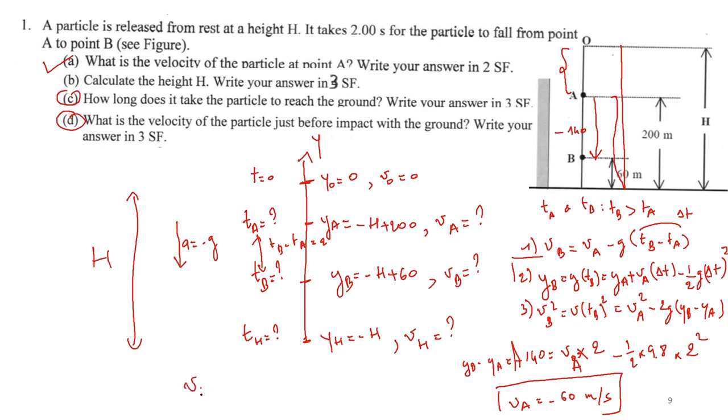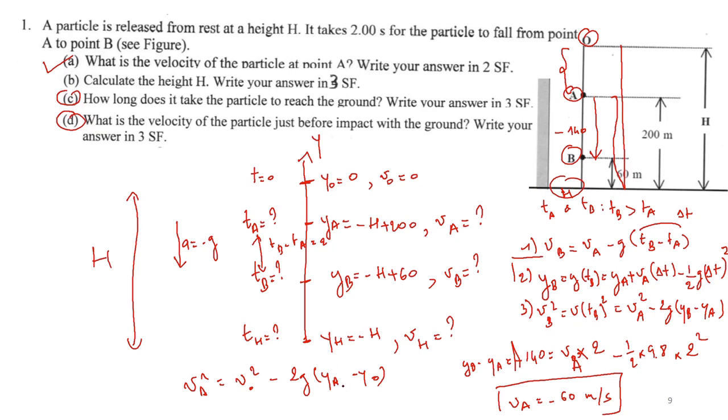I can use VA square is equal to V naught square minus 2G times YA minus Y naught. Constant acceleration, I can use it between any point. I can use it between O and A, between A and B, between O and H. I can use these three equations between any 2 points because I always have constant acceleration.